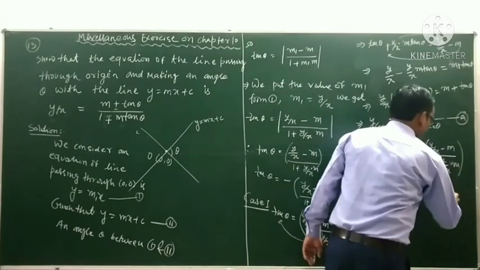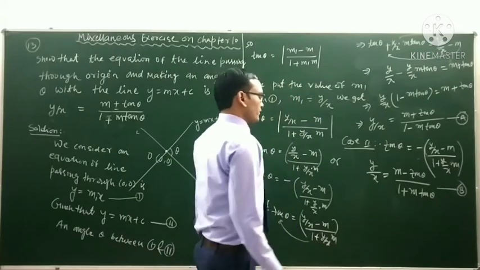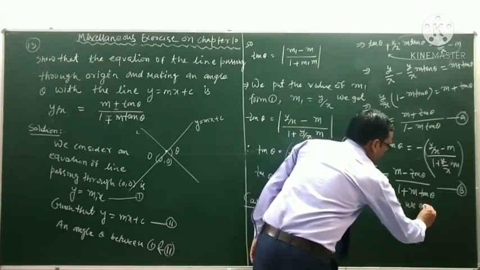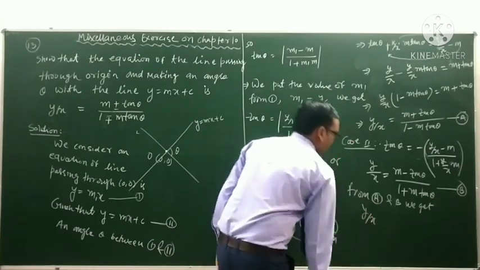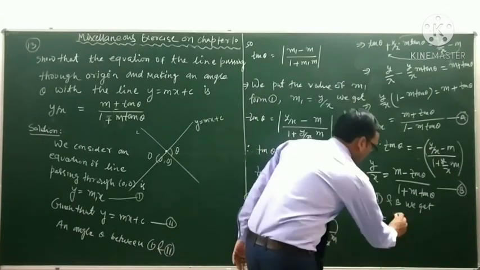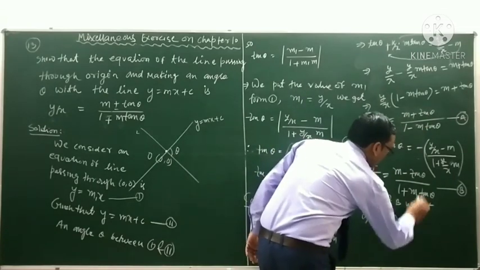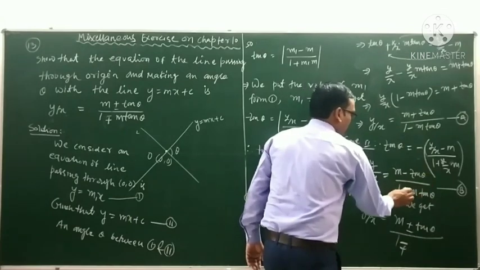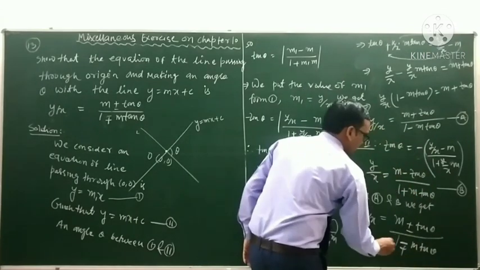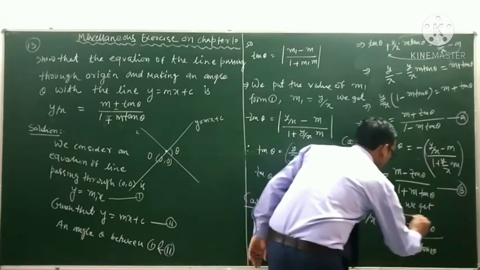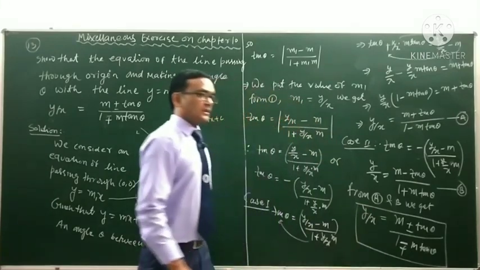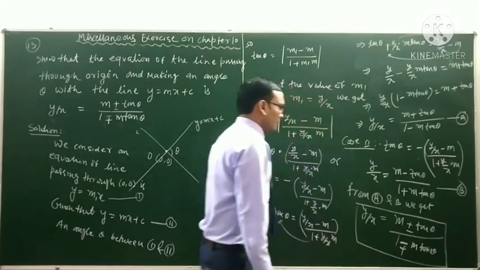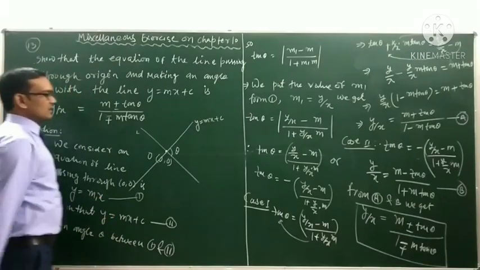Here A and B. From A and B we get y upon x is equal to m plus minus tan theta upon 1 minus plus m tan theta, which is the required equation of the line, hence proved.